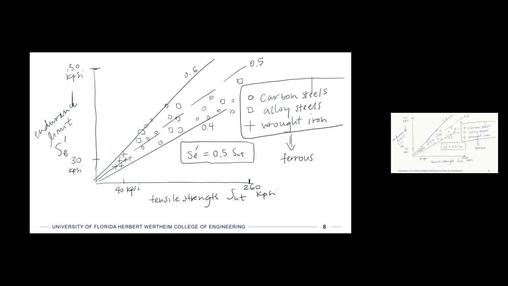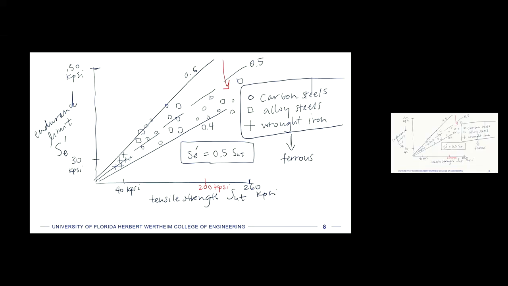You will notice, though, that there's a section of this plot that went down at the higher levels. If I take a red pen and point an arrow to it, there's some data there that starts to not follow those trends. Those materials have very high tensile strength. So there's a rule where if we get up to about 200 kpsi in tensile strength, we say that there's a cutoff.